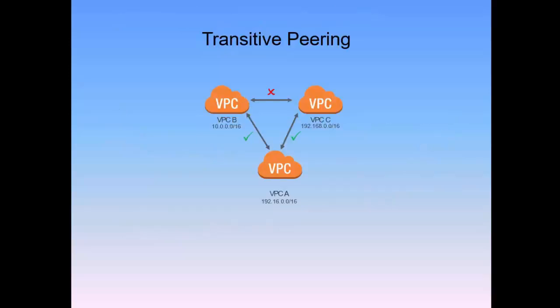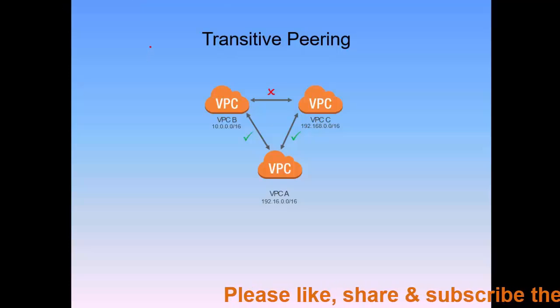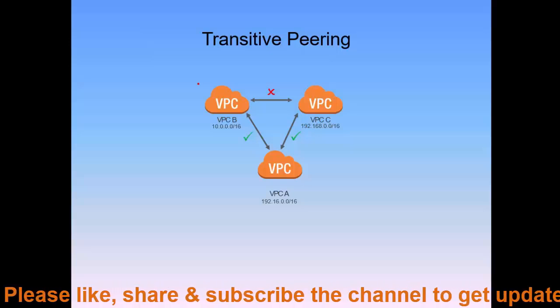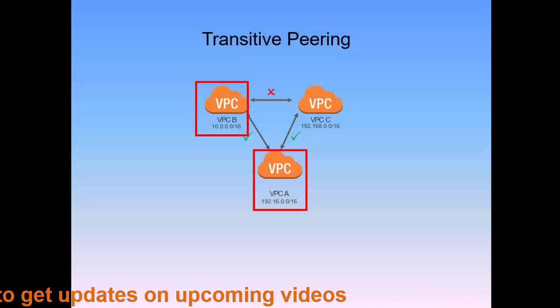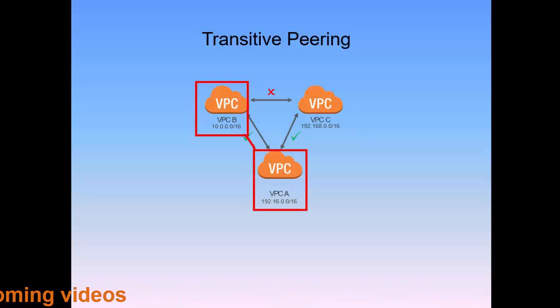This is the transitive peering. Say this is B and A. You establish the peering between A and B, and establish the peering between A and C. Got the point?